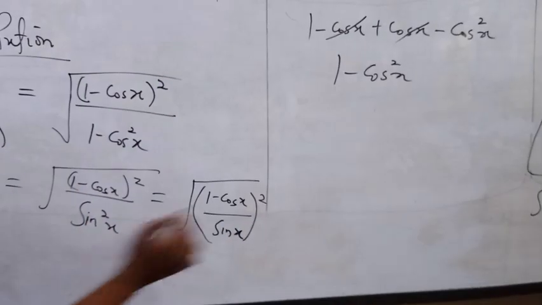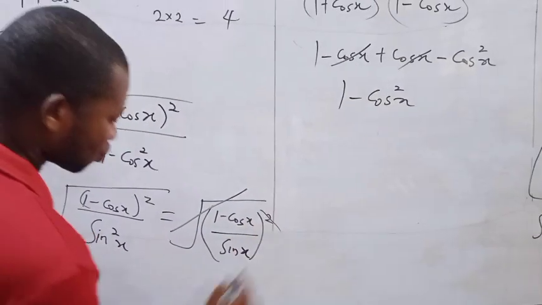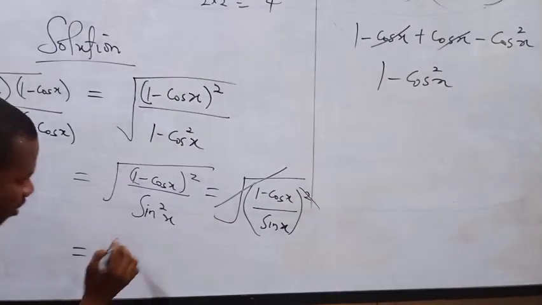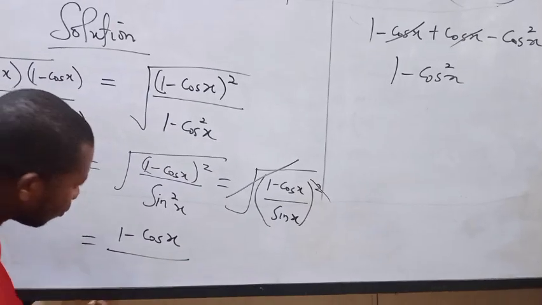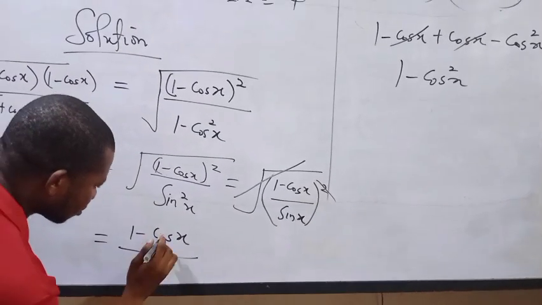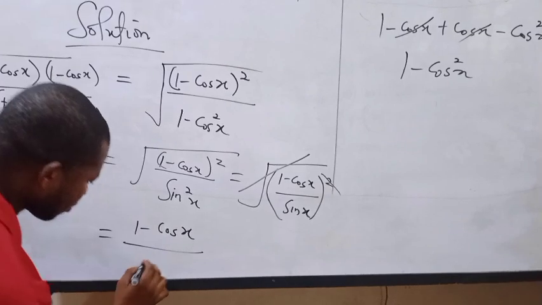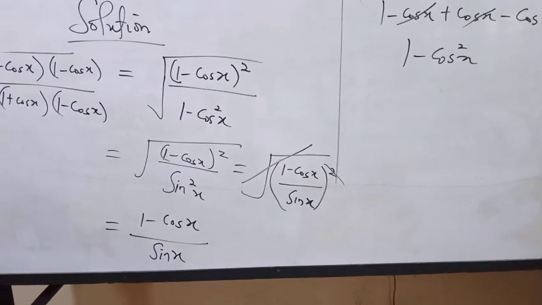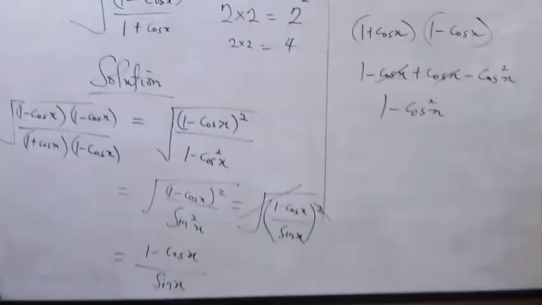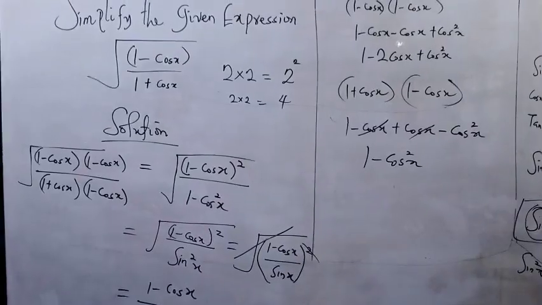That's what it means. So the square root will cancel the square, and we are left with 1 minus cos x all over sine x. This is the answer.